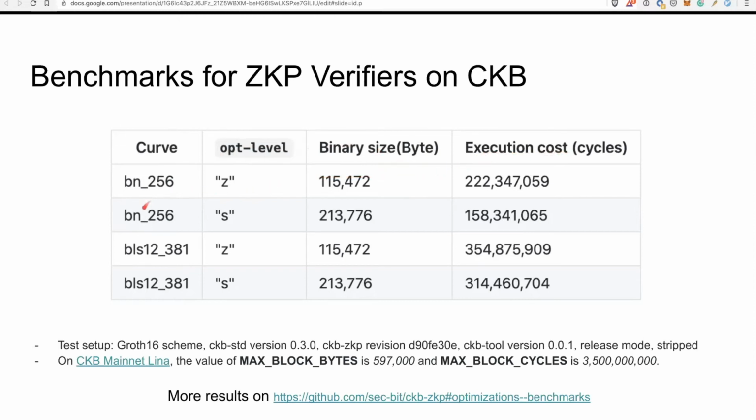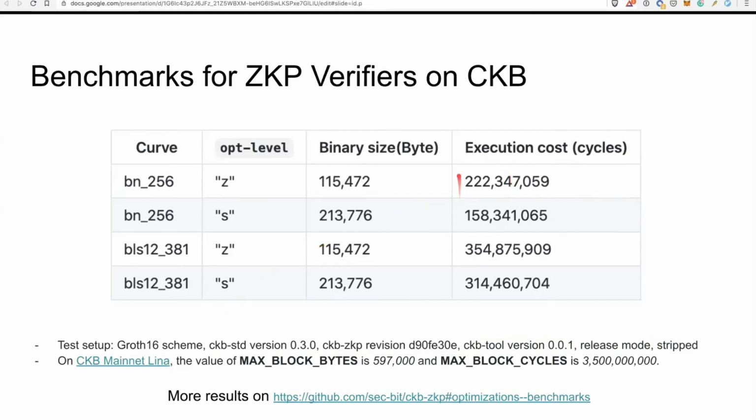As you can see, the BN256 curve could get a much smaller execution cost, which is a term named cycle in CKB. Our test setup is a Groth16 scheme, with CKB STD, CKB ZKP, CKB tool with this version, using the release mode and stripped.